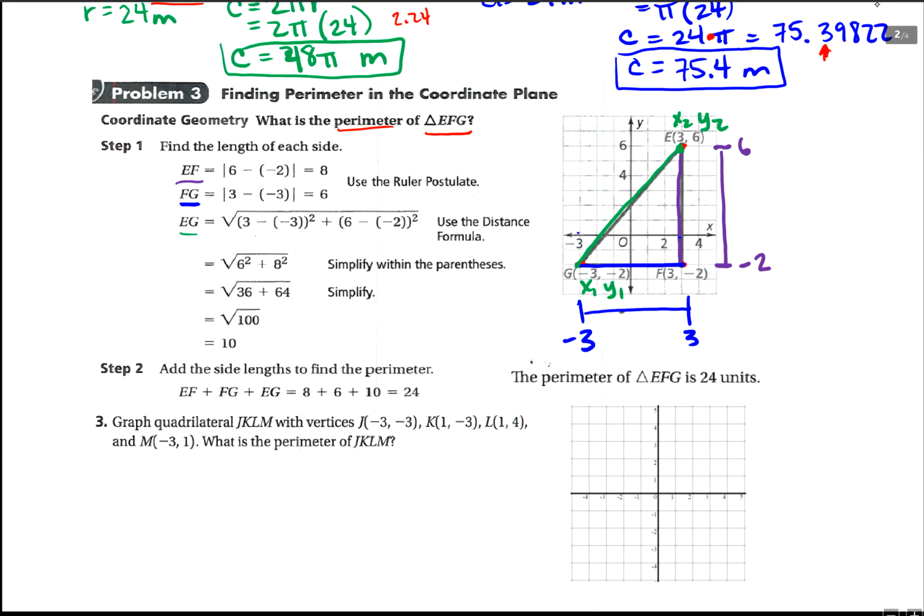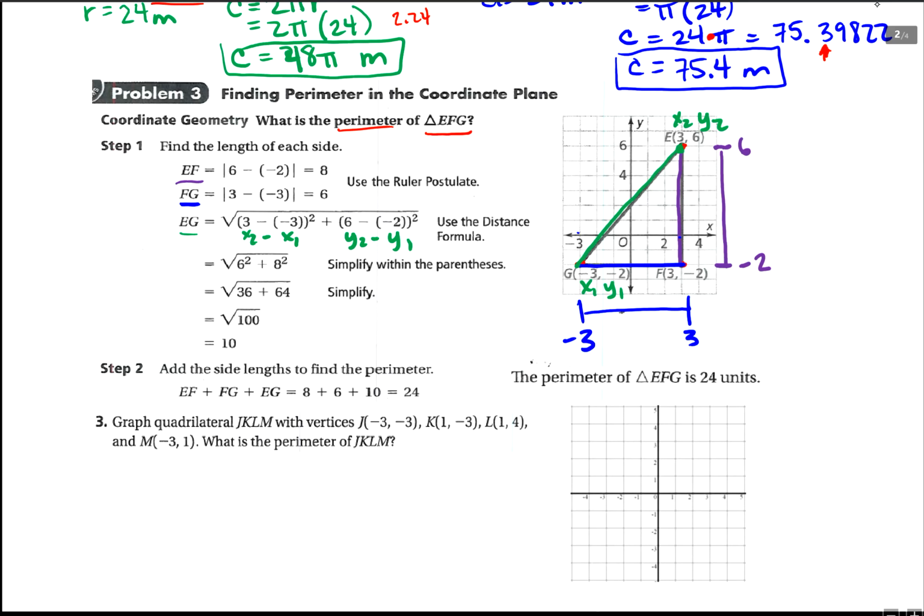It doesn't matter which order you put them in. All that matters is that you label them and use them. And then our distance formula says the square root of x2 minus x1 quantity squared plus y2 minus y1 quantity squared, and we go through and do the math and find that to be 10 units.